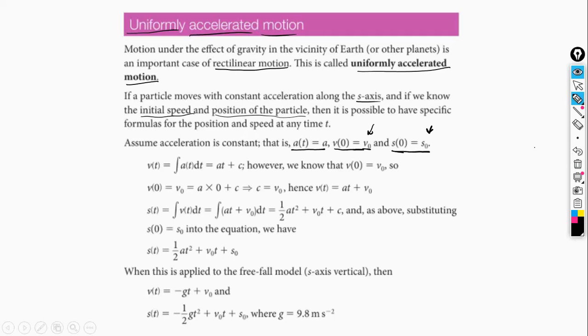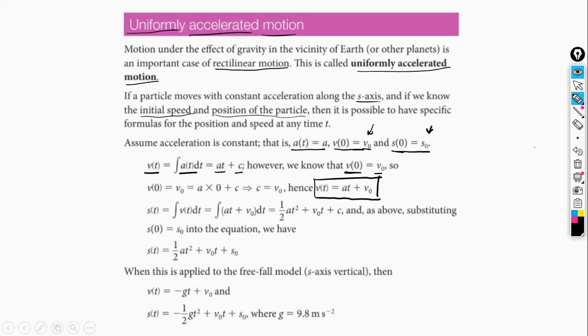So notice that if we want to get the velocity, we integrate the acceleration. If you integrate for a, you're going to get a times t plus a constant. But since we know that at 0, velocity is just v sub 0, we just plug that into the formula, and we end up with this here, which is the classical physics formula for velocity when you have uniformly accelerated motion.